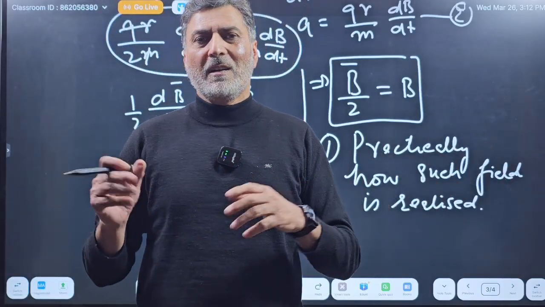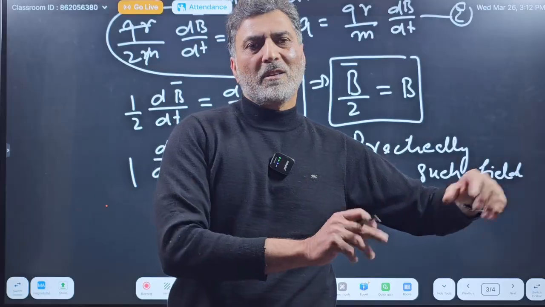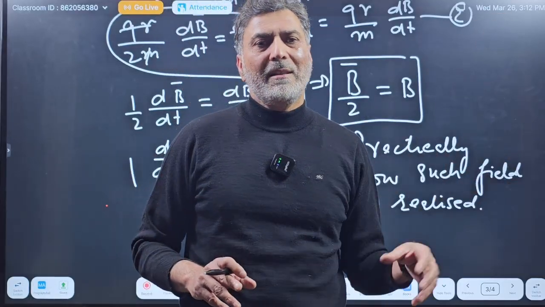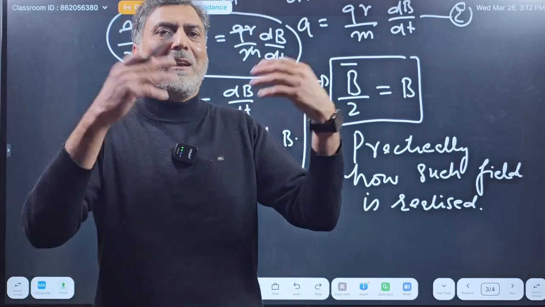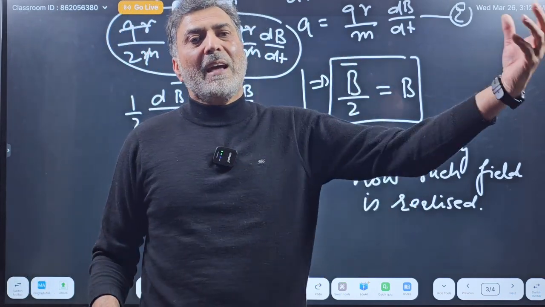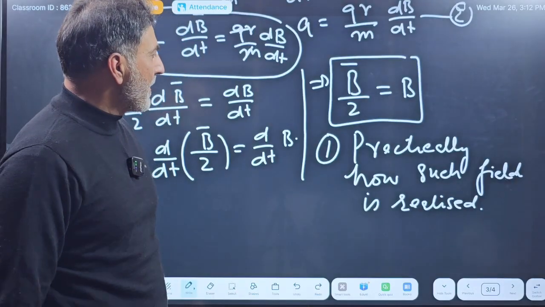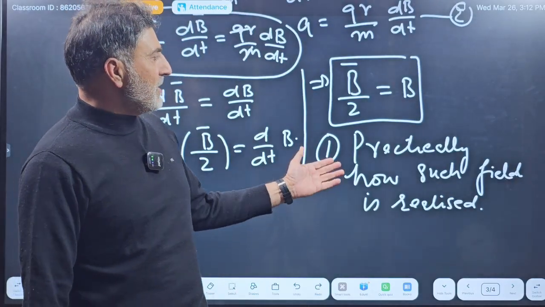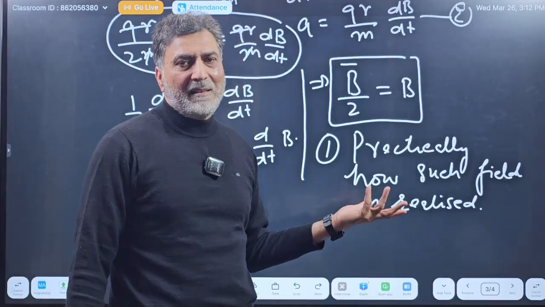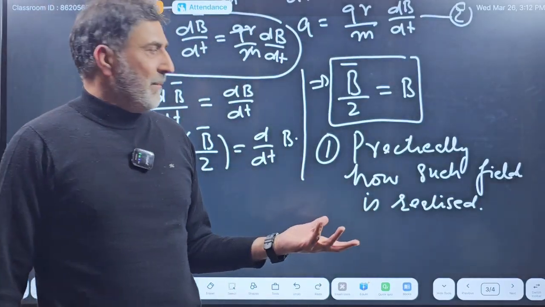They produce a potential difference, accelerate the charge, and again produce a potential difference, accelerate the charge, and they accelerate the charge over kilometers, and only then can they get the energy in million electron volts or giga electron volts, so that they can be useful in splitting the heavy nuclei. But here, first of all, my question is how such a field is realized in real time.